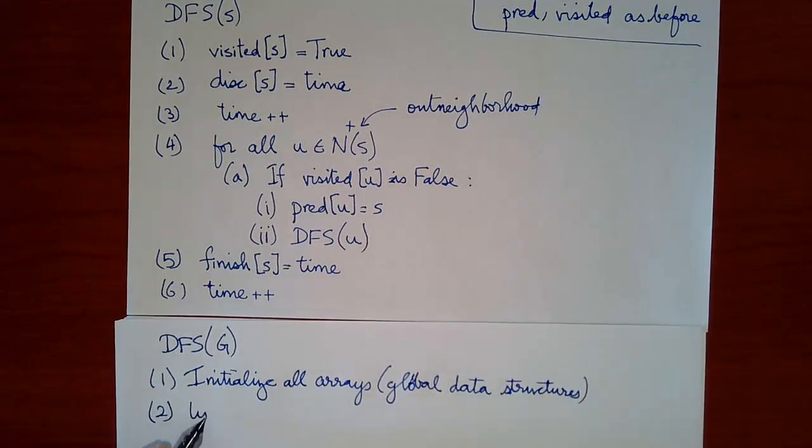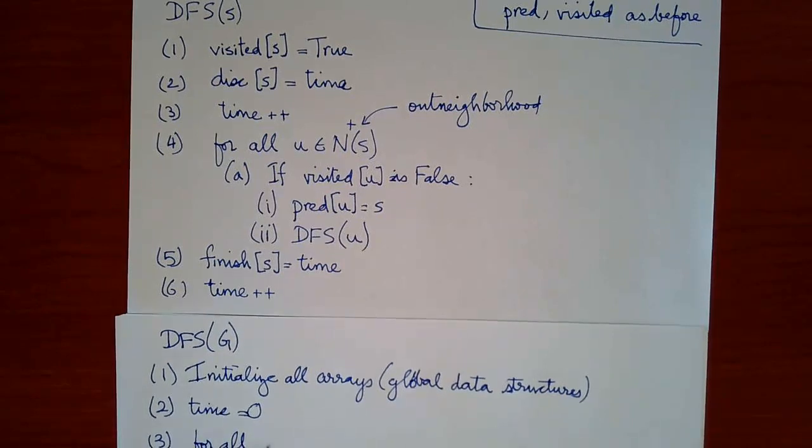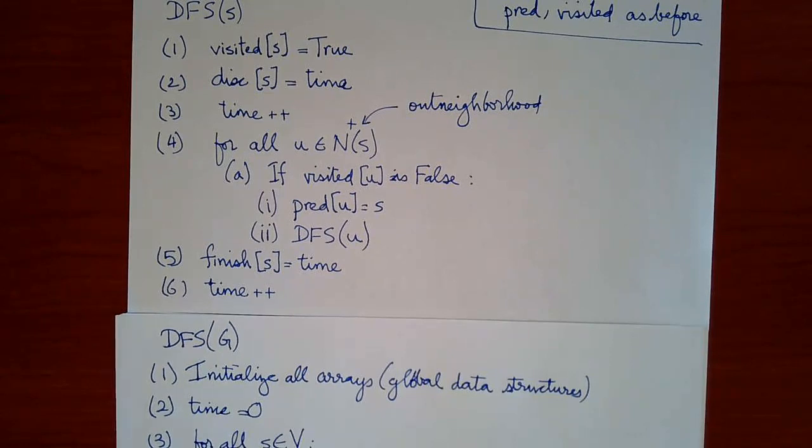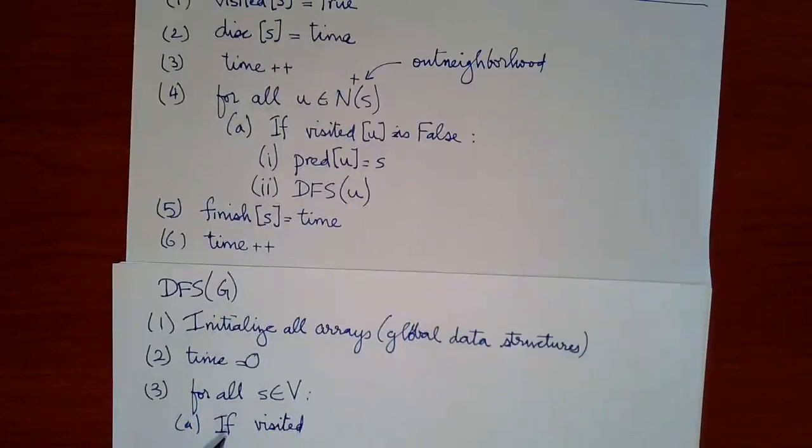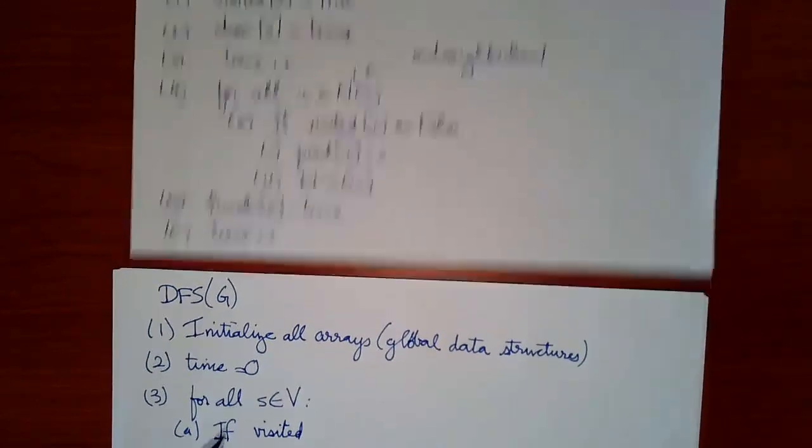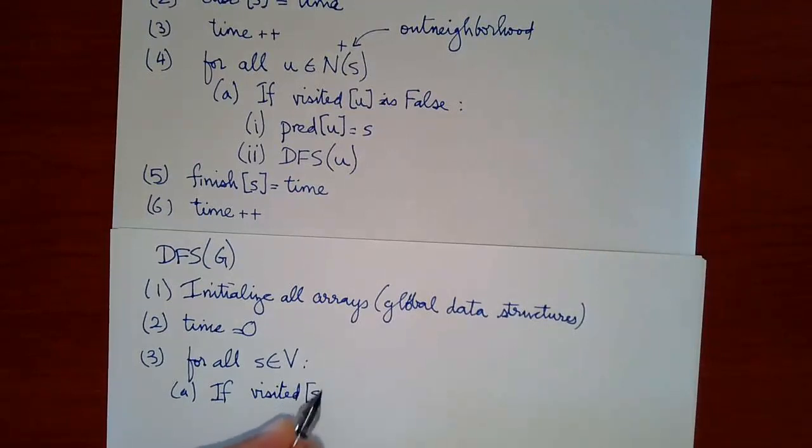We set time to be 0. And then we do what we normally do for BFS. We'll say for all vertices, if visited S is false, then we call DFS on S.